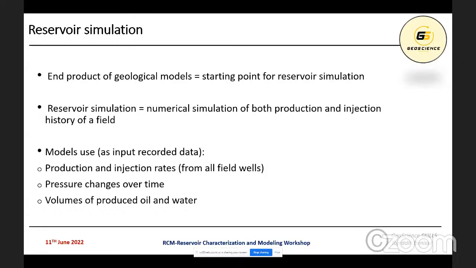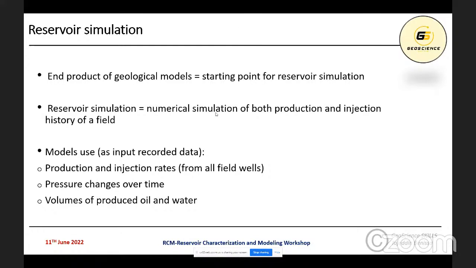Simulation is a numerical process for dynamic input to produce the production and injection history of the field. What's the outcome of all this long process? It is the history match curve, for each dynamic parameter inside the reservoir, including the oil production, the gas oil ratio, the pressure, and so on.